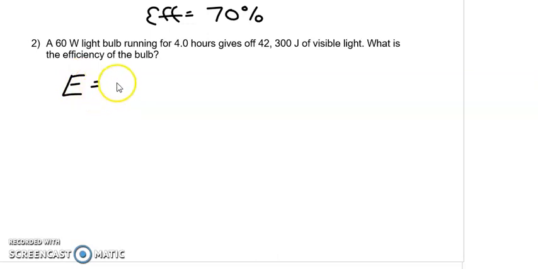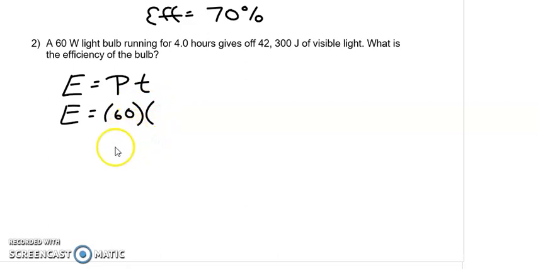So the energy, as we've discussed before, is power times time. The amount of energy, that means it's a 60-watt light bulb multiplied by, now because we're dealing with joules, we need to have the energy in joules, so that's going to be watts and seconds.